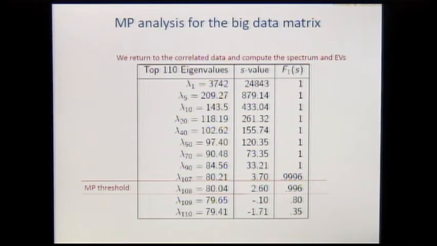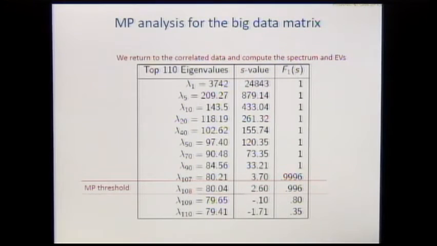And we find that there are 108 eigenvalues, 100 let's say, above the spectrum. Why is that interesting? First of all, because it means that we probably only need to compute 100 eigenvalues, so we can do the linear algebra faster. For example, if you do an SVD, only the first 100 matter. That's important. The rest is noise.